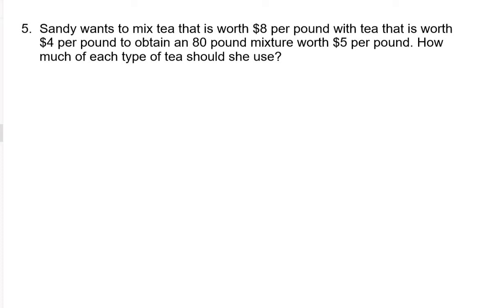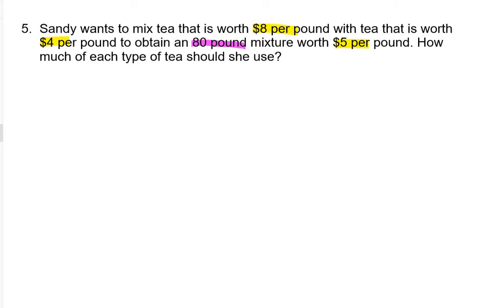Okay, if you look at the big picture of what's going on here, I've got some expensive tea and some cheaper tea, and we're going to mix that together to get a medium priced tea. Okay, I have 2 units of measurement in this problem. I'm measuring cost per pound, which is measured in dollars, and I'm also measuring the weight of the mixture, which I'm measuring in pounds.